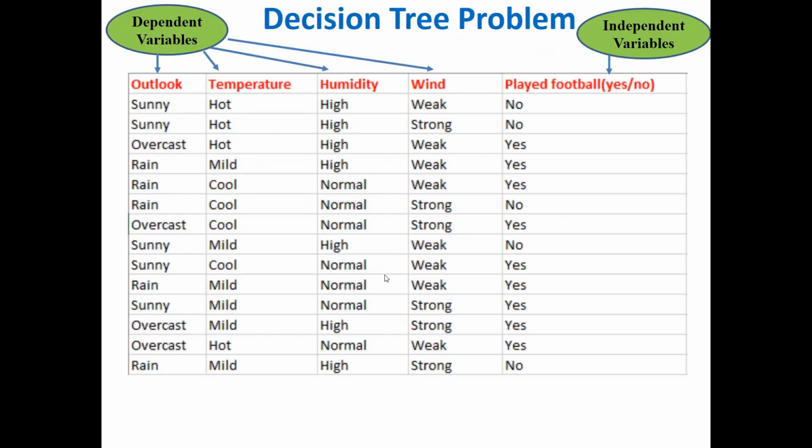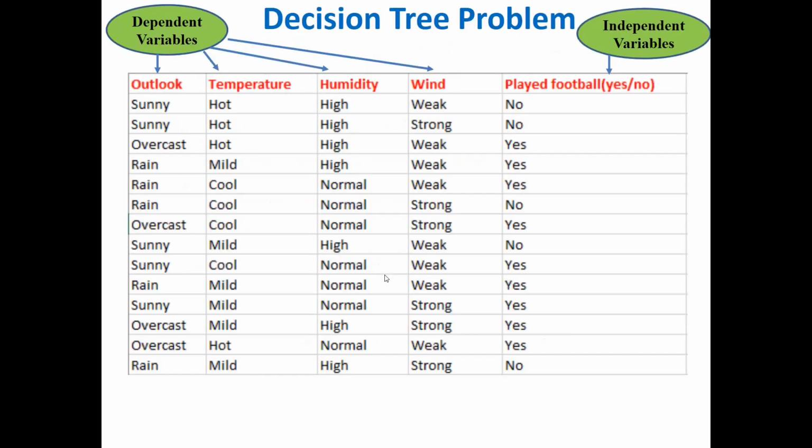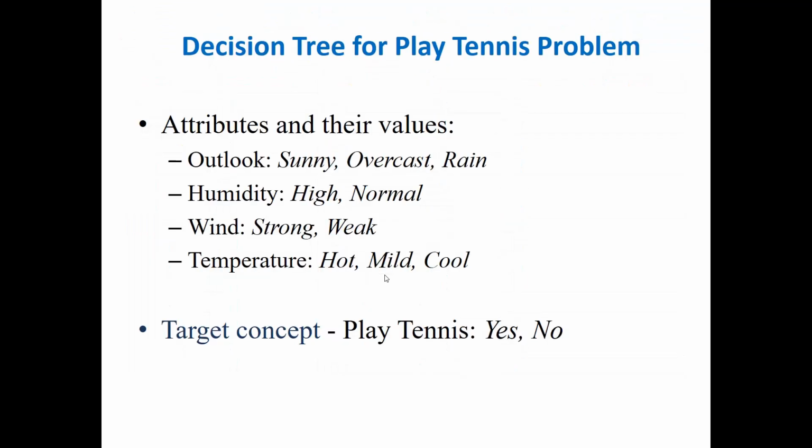So here, there are four attributes. Those are the dependent variables on which the output, played football, is dependent. These attributes have some values: outlook has the values sunny, overcast, and rain.